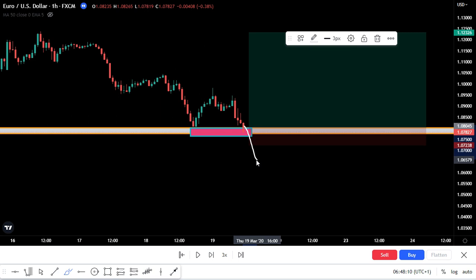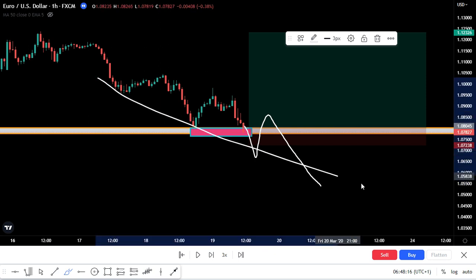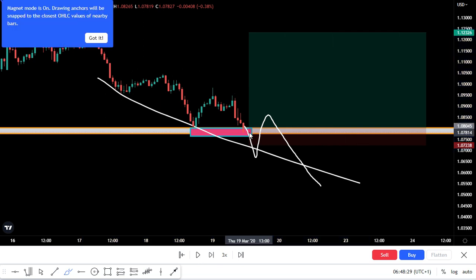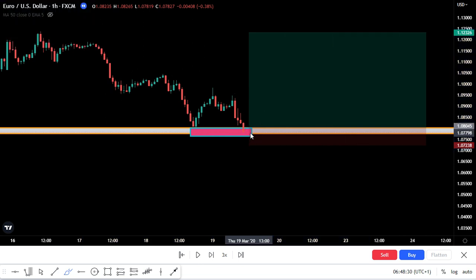If you buy here, the price will create a lower low, then push up again, create more lows, and the downtrend continues. So you don't just buy because the price has retested, giving you something like a double bottom or double top. You need to wait for the price to confirm this movement before you start entering your trade.